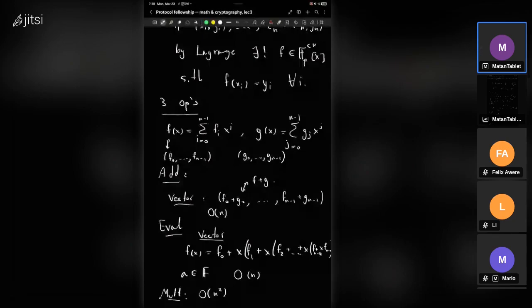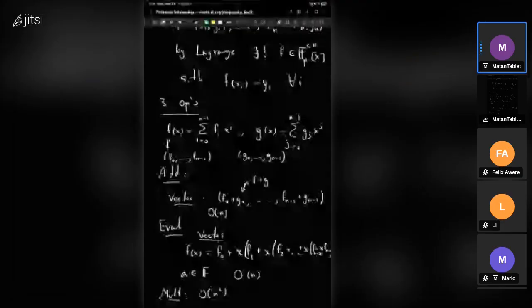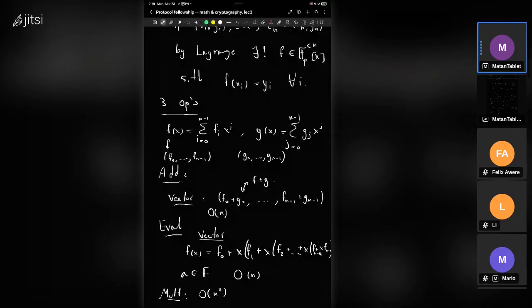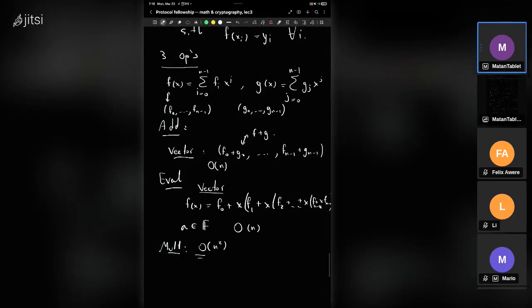I count each addition and multiplication as one unit of time. And when I write O, I mean this could be 3n square, or it could be 5n square. All of them I call n square. It's like the order of magnitude is n square.